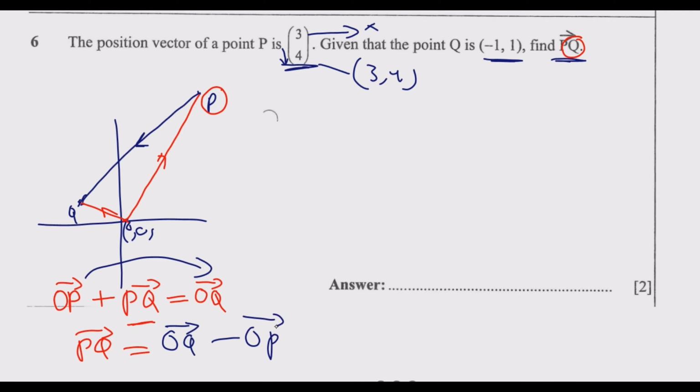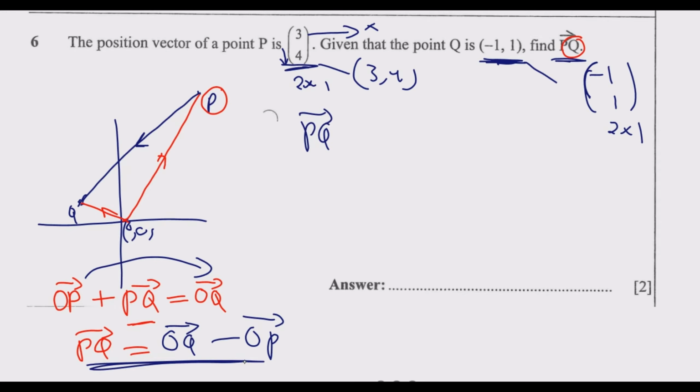So if you followed me there, then this becomes straightforward. Remember, this can also be written as (-1, 1) as a 2 by 1 matrix. This is also a 2 by 1 matrix. So if you can do that, then we can easily find PQ using this formula that we found here.